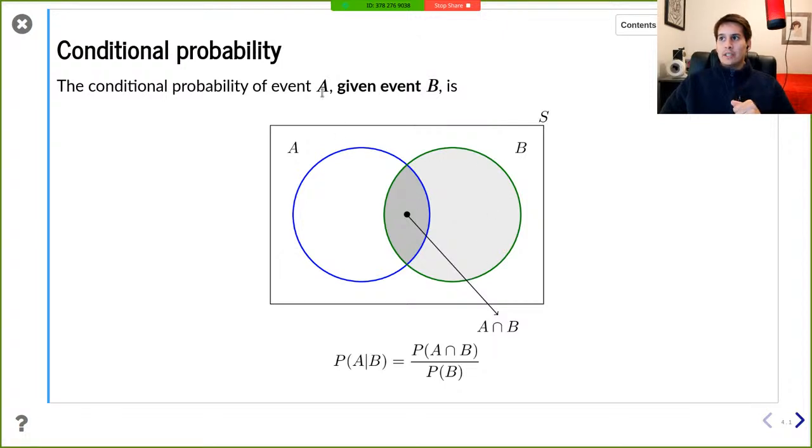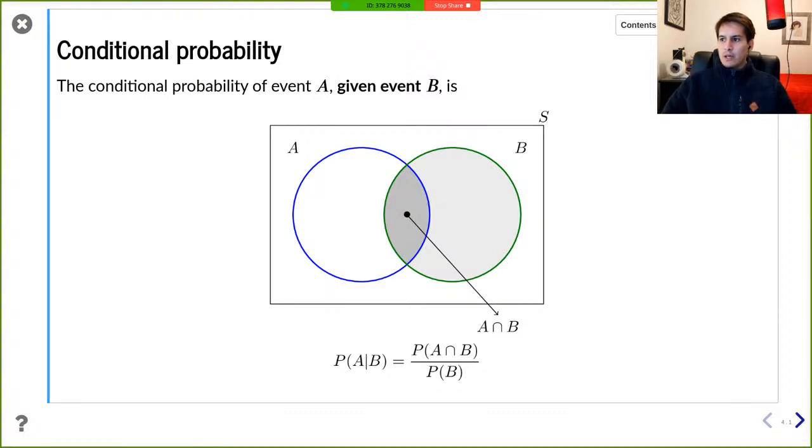And the probability of A in that space is just this intersection. So the probability of A given B is equal to the probability of this intersection divided by the sample space, which in this case is reduced because I already know that B happened, and that's why you are dividing by the probability of the event B.